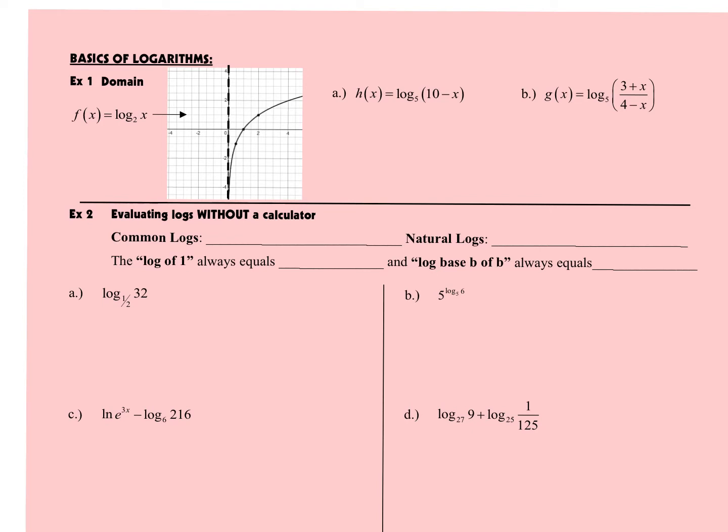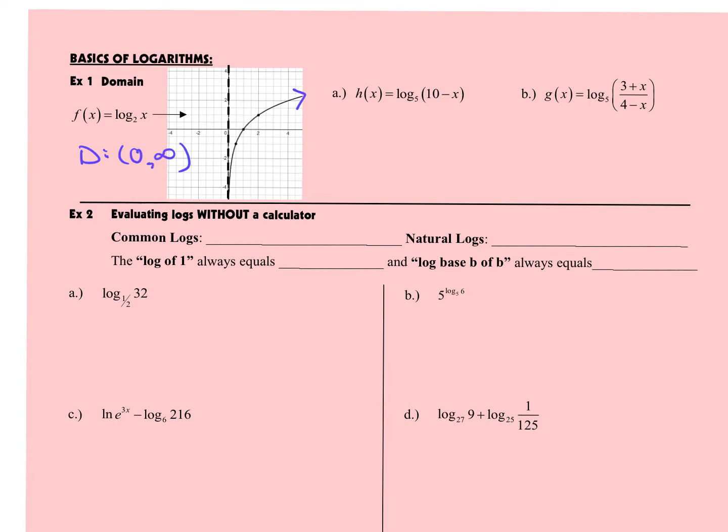Now, we want to understand the domain of a logarithm, and as mentioned, it has a vertical asymptote, and the graph will be on one side or the other. So our domain for this function is going to start at 0, but not inclusive of 0. So we'll have a parenthesis, and it's going to go forever in the positive direction, to positive infinity.